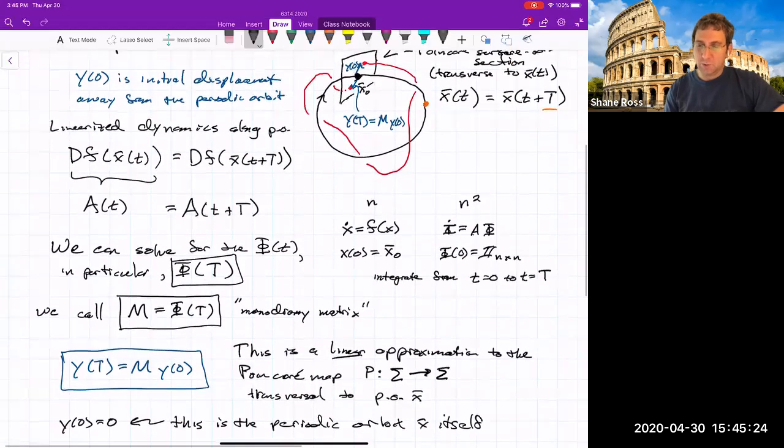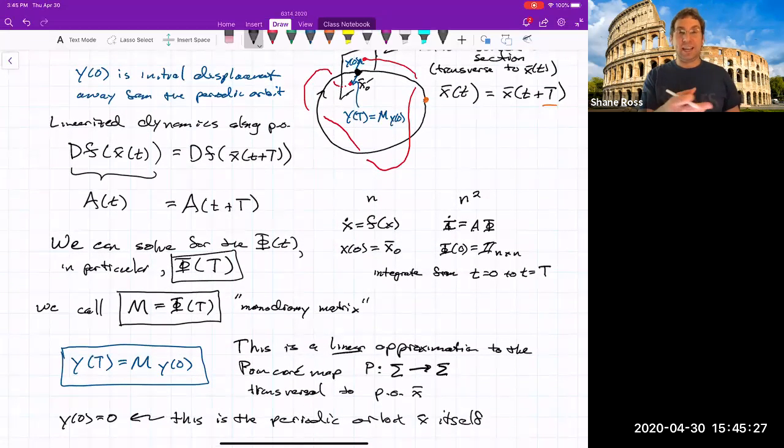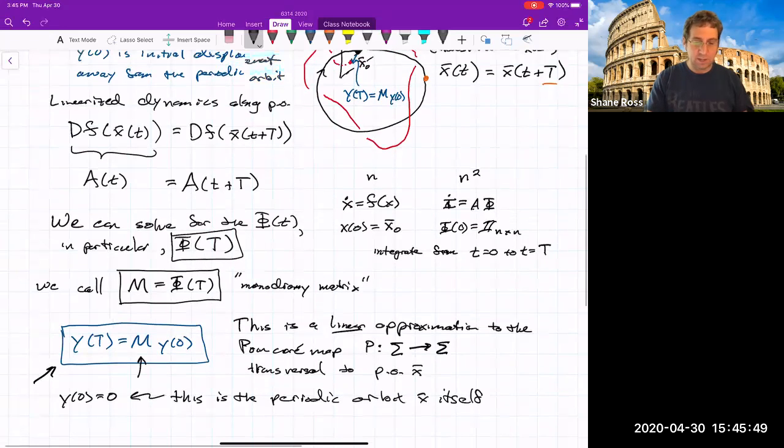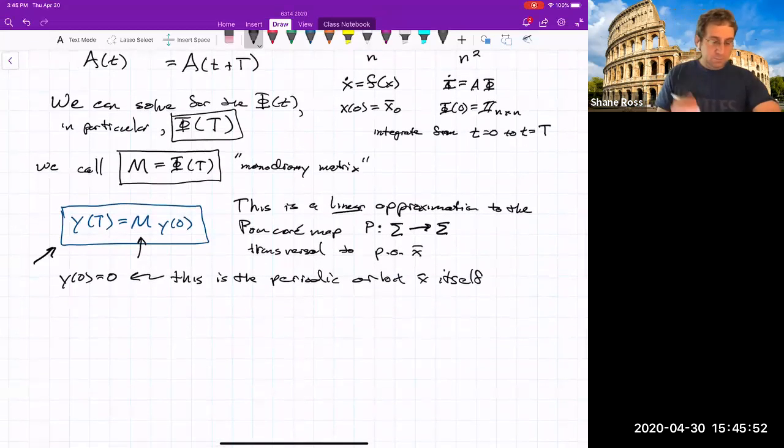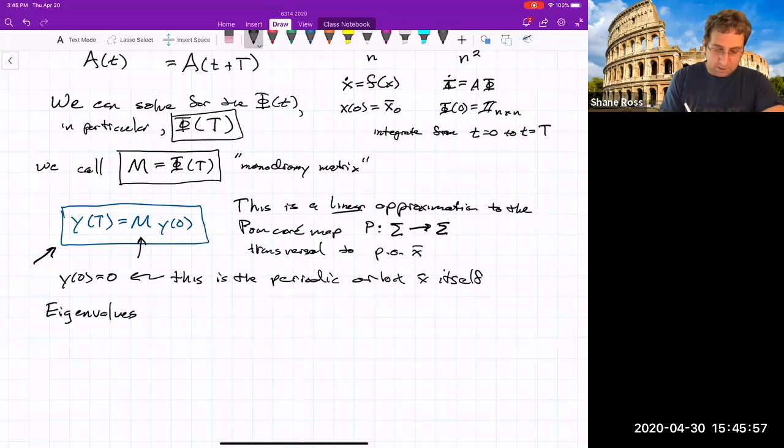And if we want to know what the dynamics are like near the periodic orbit, or in other words, if we want to know the stability of the periodic orbit, all we have to look at in this linearized limit is dynamics due to this linearization equation, which will then boil down to finding out what are the eigenvalues and eigenvectors of M. It's similar to some things we've done before.